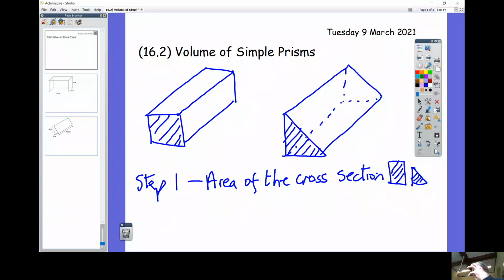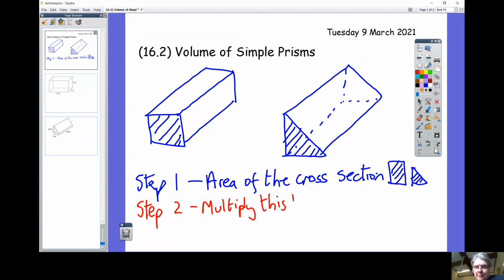Then you take that area, and step two, you multiply this by the depth. The depth is just how flat the prism is. So it's this length here.